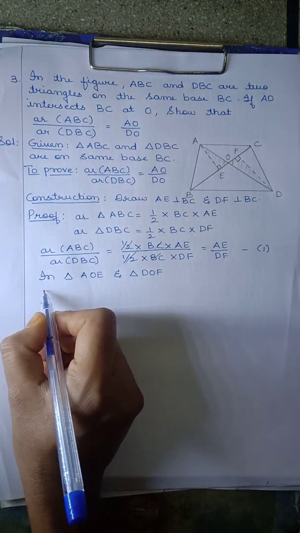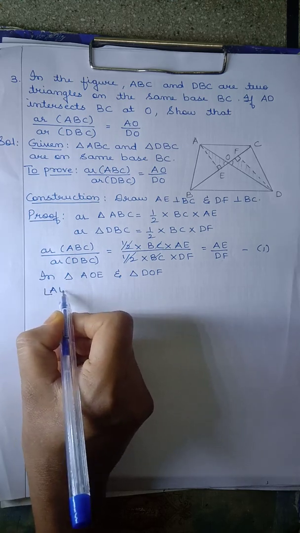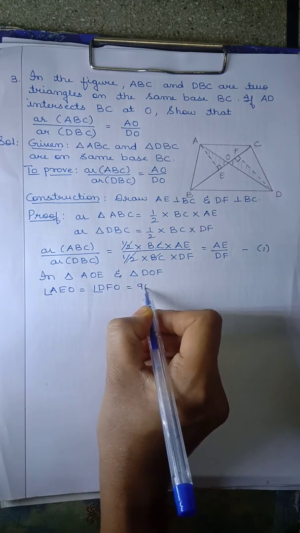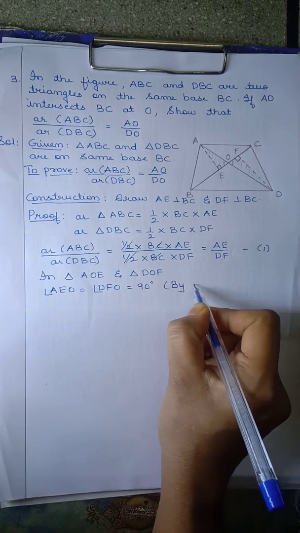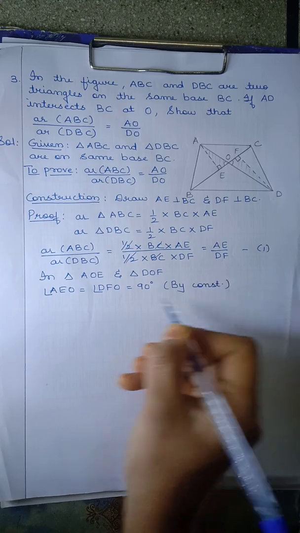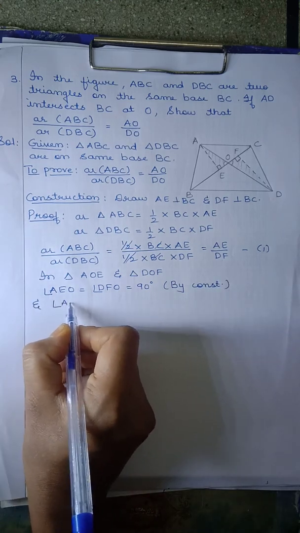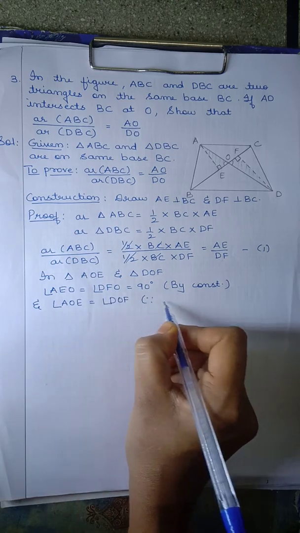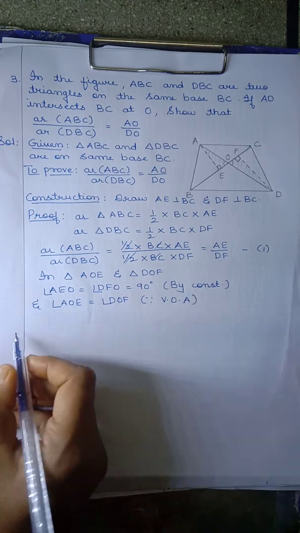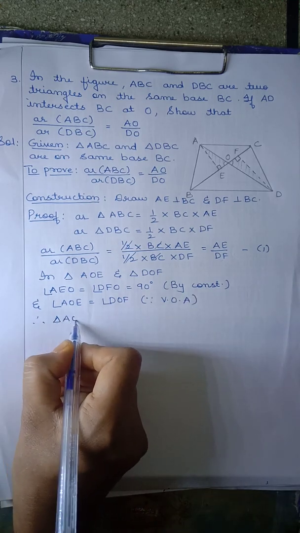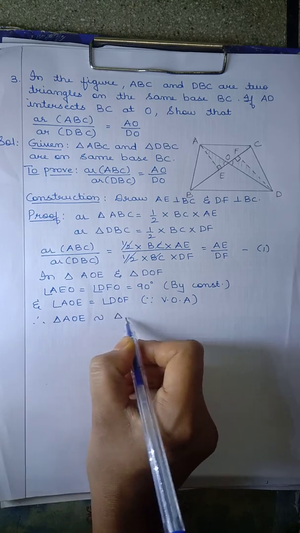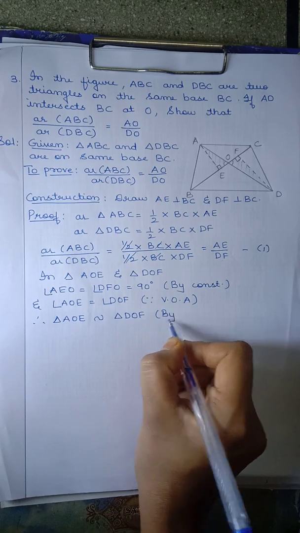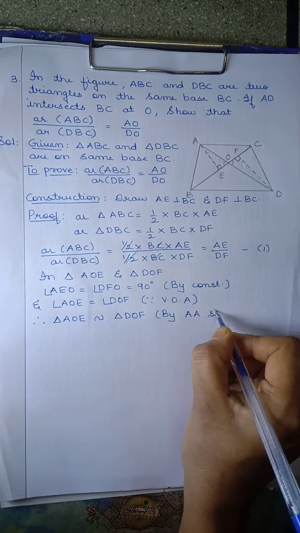Okay, so write angle AEO is equal to angle DFO is equal to 90 degrees by construction, and angle AOE is equal to angle DOF because vertically opposite angles. Therefore triangle AOE is similar to triangle DOF. This is by AA similarity.